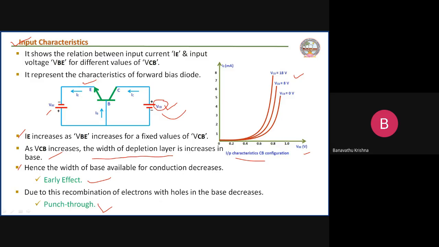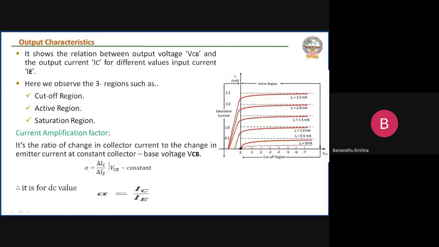Coming to the output characteristics, it shows the relationship between the collector current and the collector to base voltage here, right?